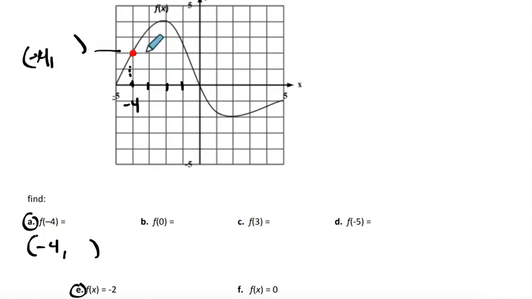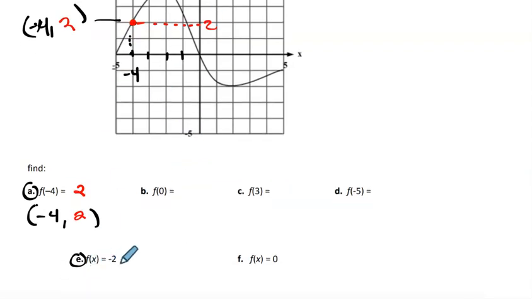What's the y value here? Well, the y value here is 2. So f of negative 4 is 2. So that's another way of saying find the y value when your x value is negative 4. What coordinate on this graph has an x value of negative 4? This one, what's the y value?